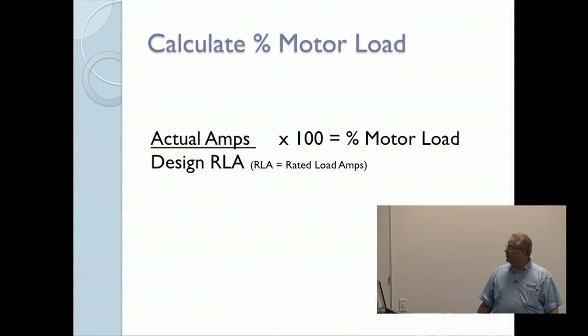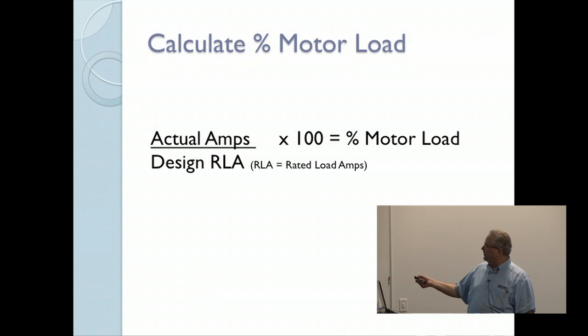One of the things you want to do, you're logging the amp draws, and down at the bottom of the log sheet is the design, what was it, 378 amps at 100%? Well, maybe you're running at 200 amps. You can take 200 amps over the 378 times 100, and that'll give you your percent motor load. That's how loaded electrically the machine is.